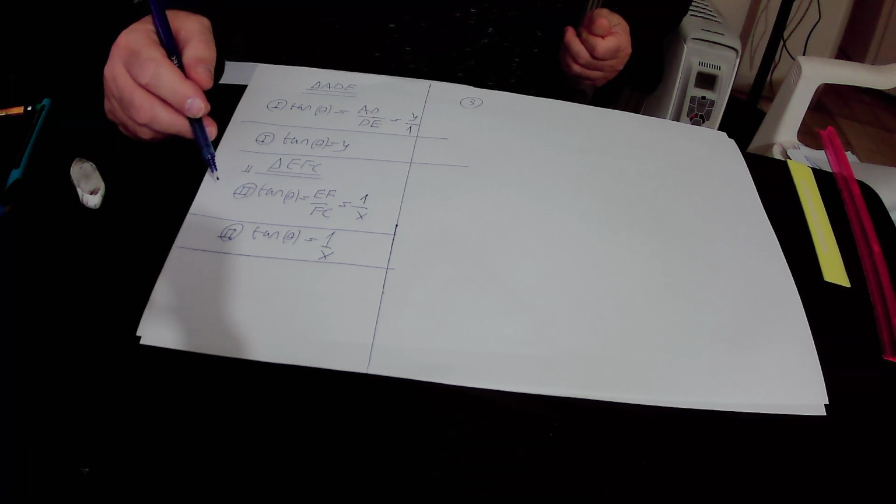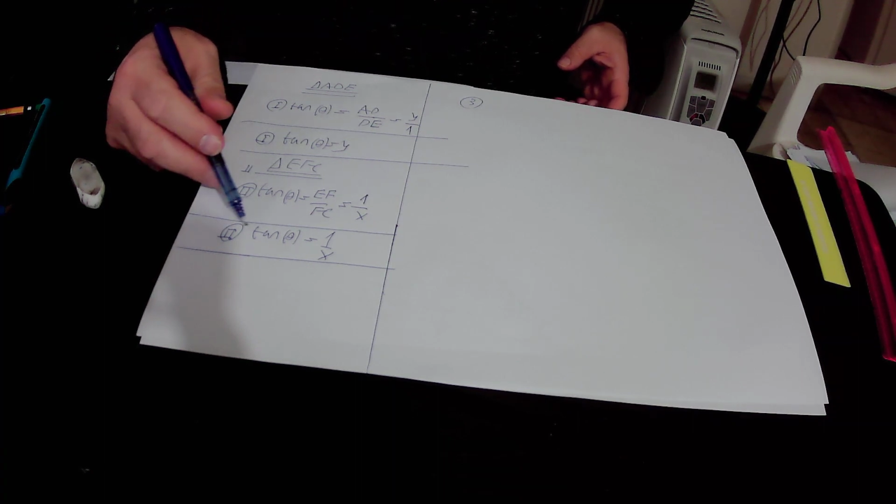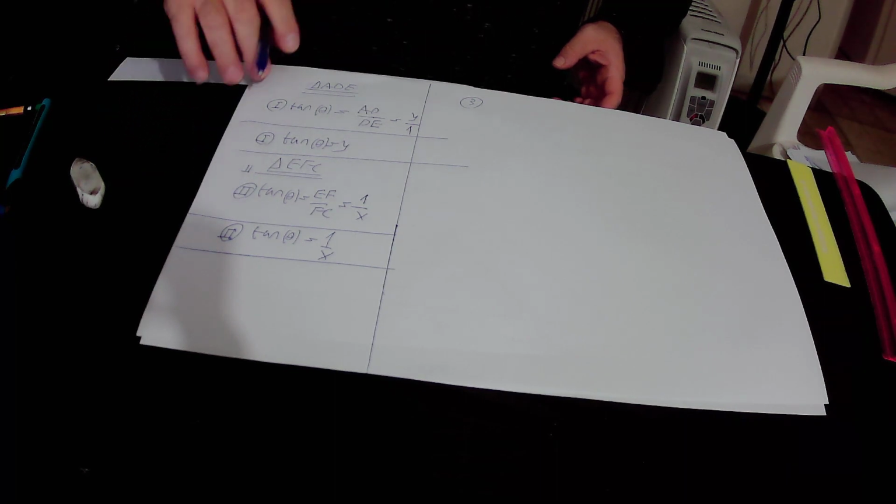In the next step, we will create equation number 3 that states that tangent theta according to equation number 1 must be equal to tangent theta according to equation number 2.